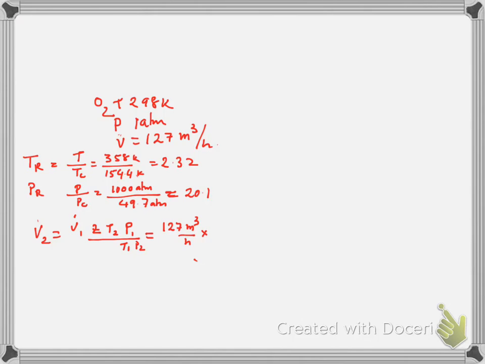Compressibility factor. Okay, good. So reduced pressure is 20.1, and then TR is 2.3.